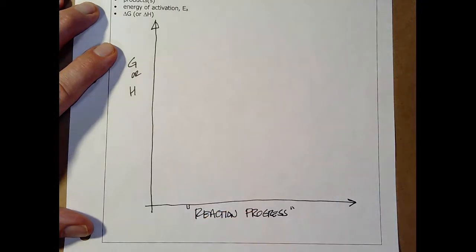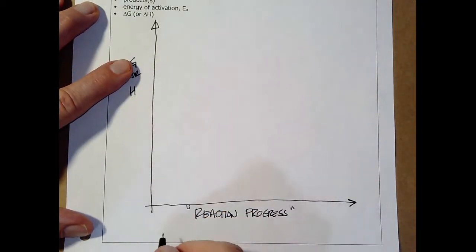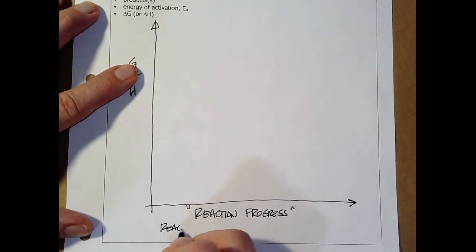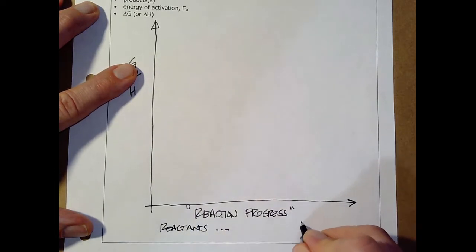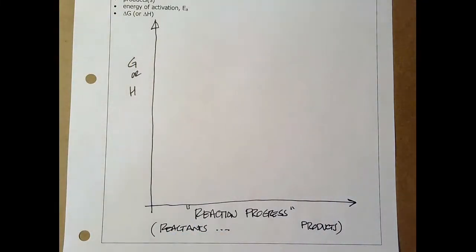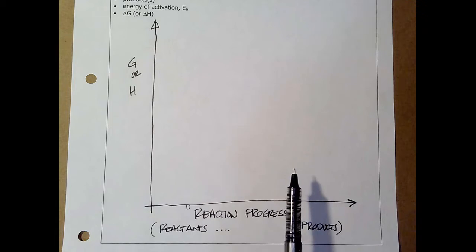That might sound kind of funny, but think of it as over here I've got reactants. And over time, eventually, I've got products. I'm going to look at the energy of the reactants as the reaction changes. And then finally products, what is the energy?